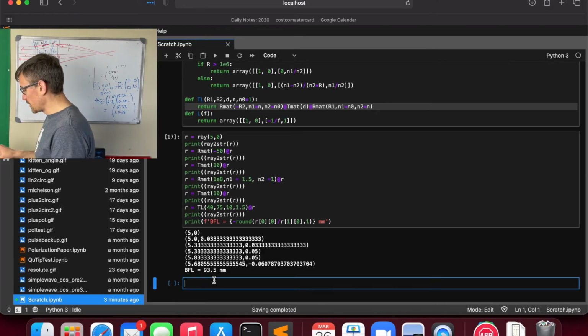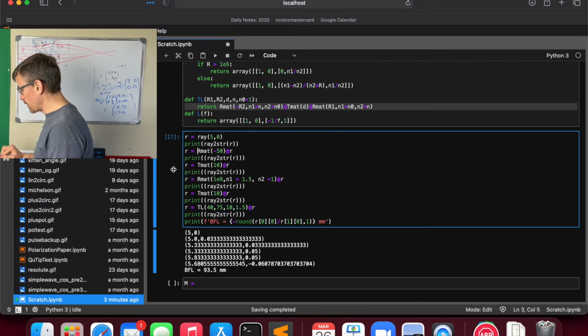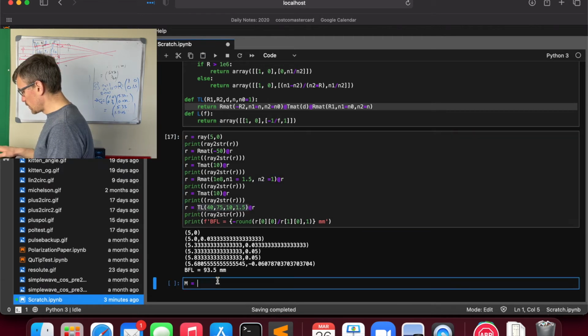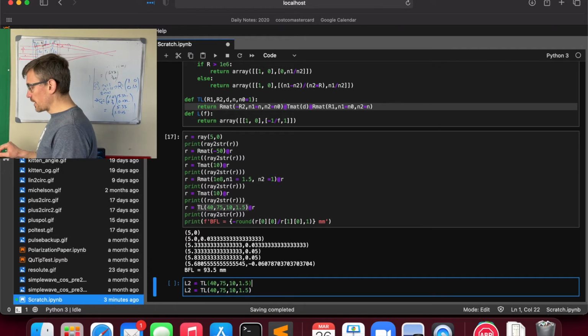So I'm going to call my system matrix M, and let's just make a thick lens. We'll call that L2. The first lens is just those 3: the refraction, the translation, and the refraction. So it's another thick lens, except R1 here is minus 50. This was a cajillion. And it has the same thickness.